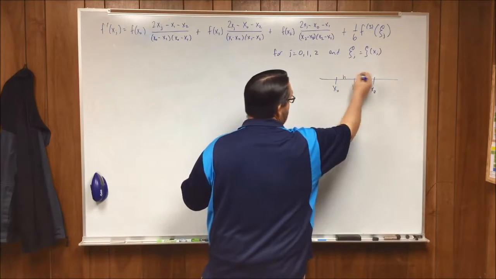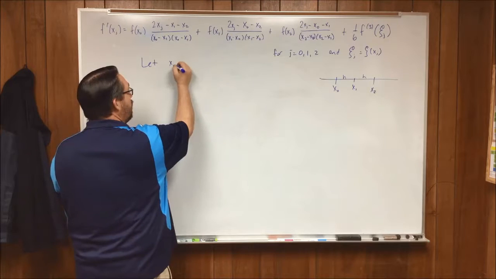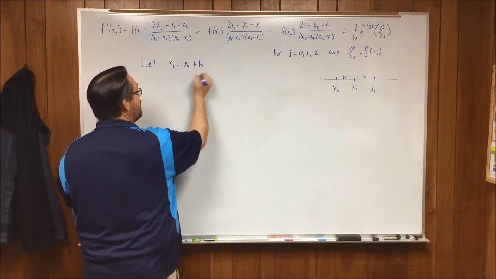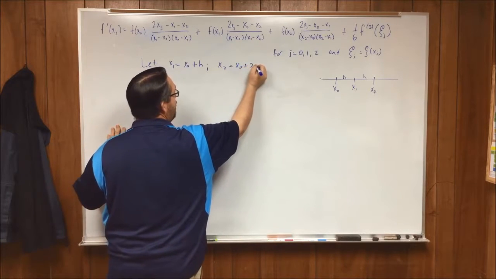Keep in mind the spacing here is still h, so we can let x1 be x naught plus h, and x2 is x naught plus 2h.